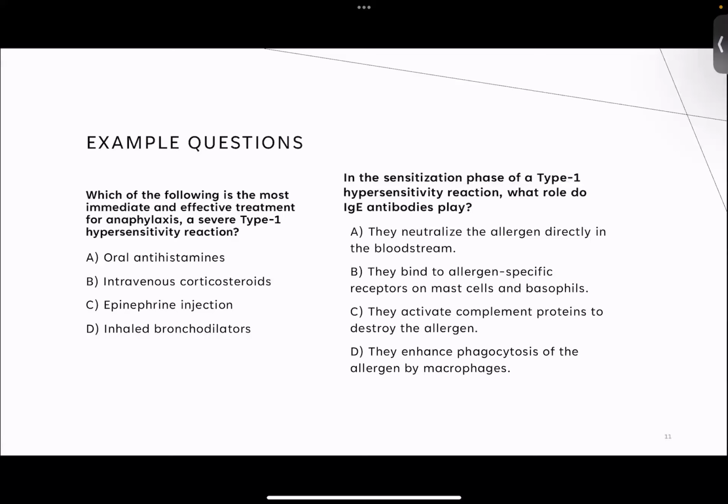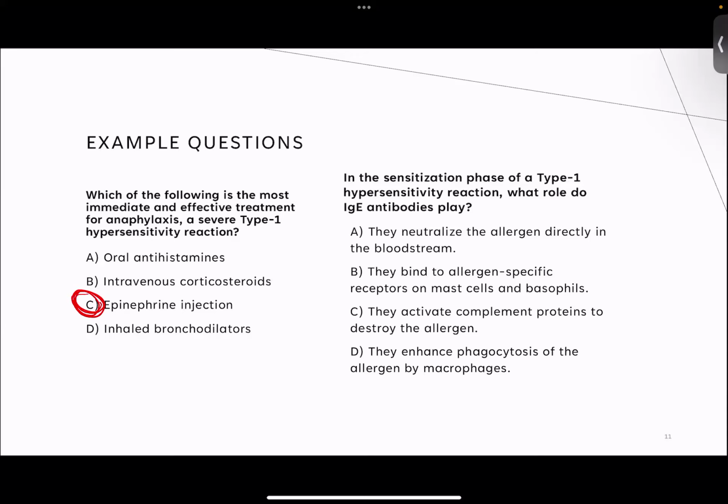And because it can cause a very quick response within minutes of exposure to the allergen, and it is systemic, the best way to reverse those effects is through epinephrine injection. This will open up your airways, as well as increase blood flow to, for example, the brain.